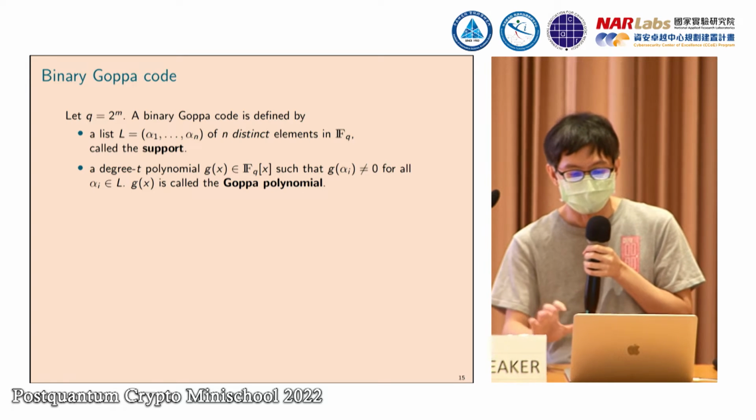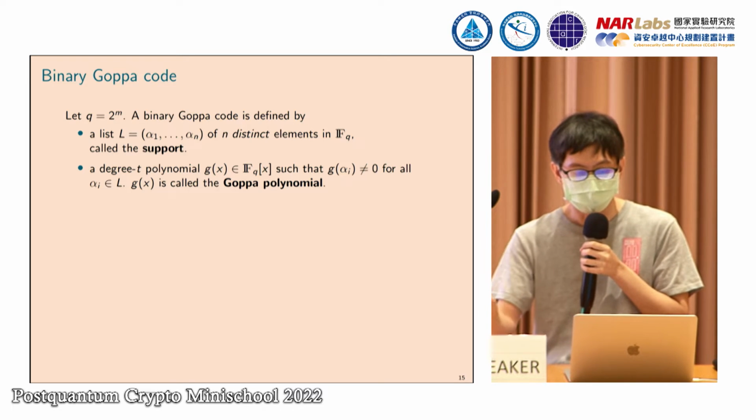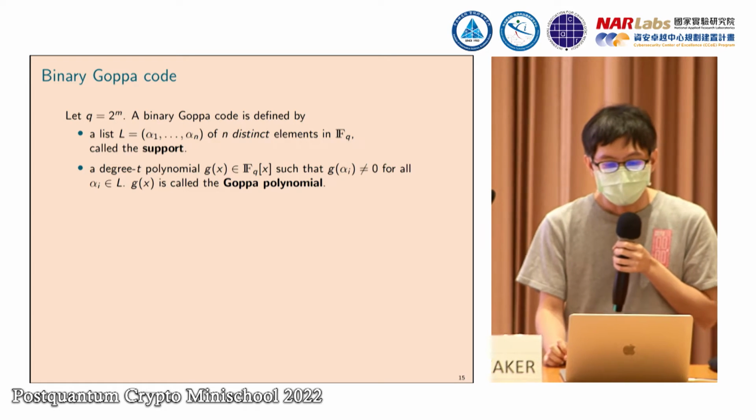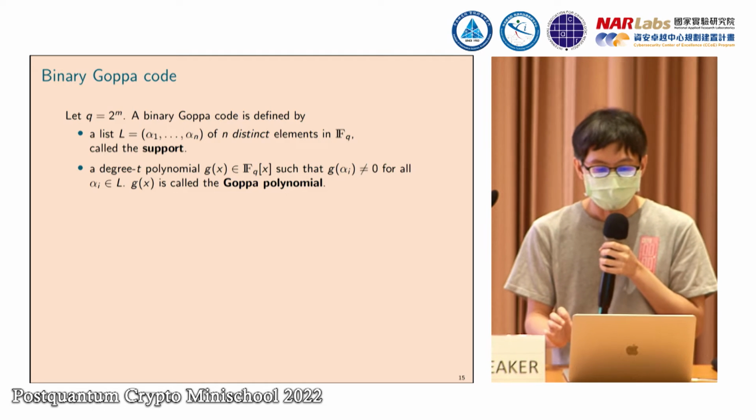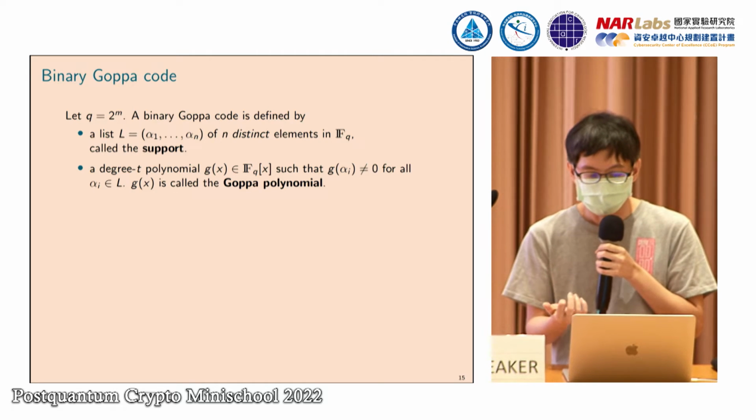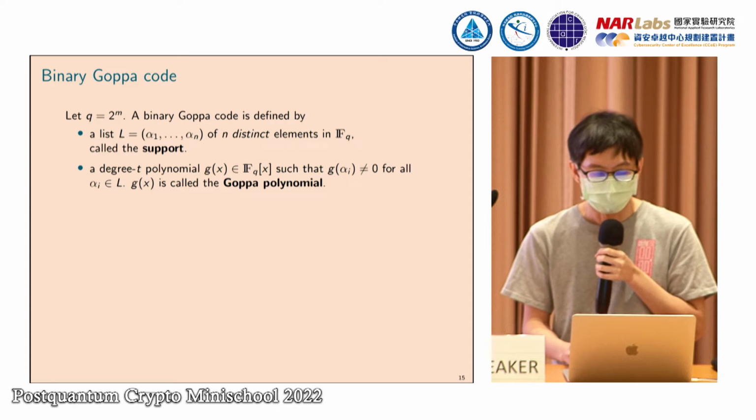Because they are distinct, this number n is going to be smaller than or equal to 2 to the m. We will call this list the support of this code.